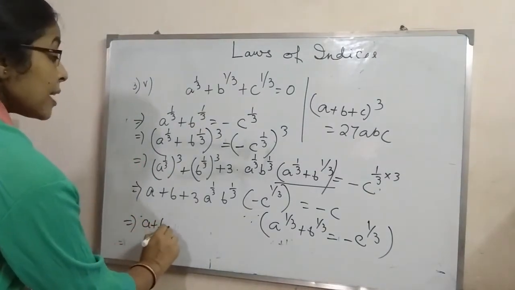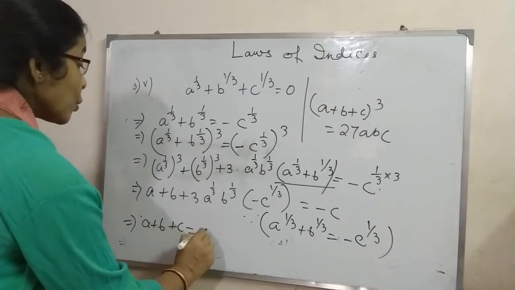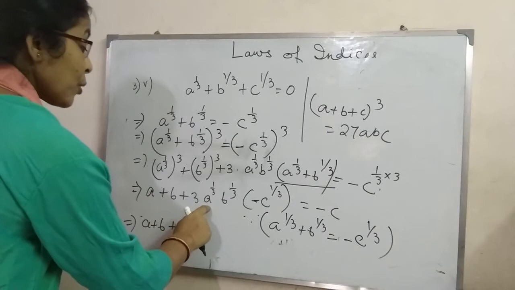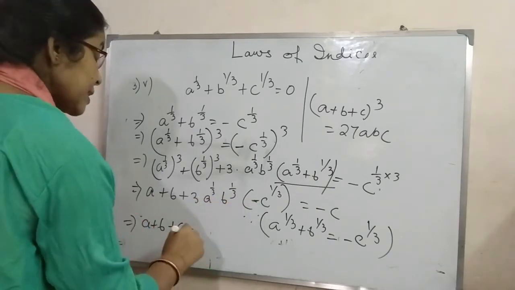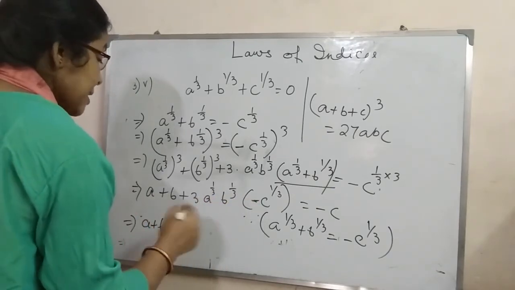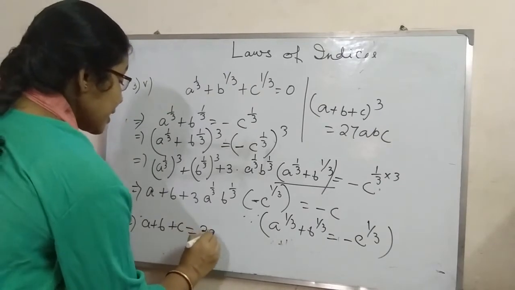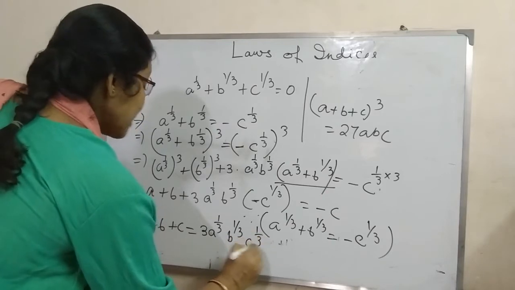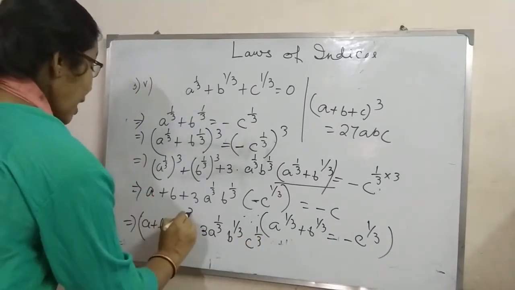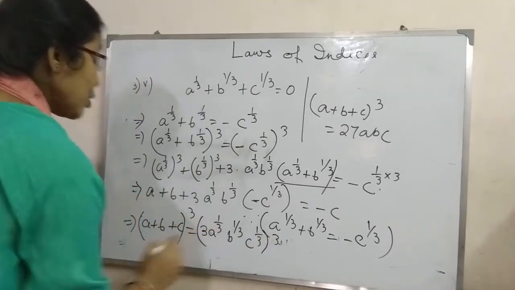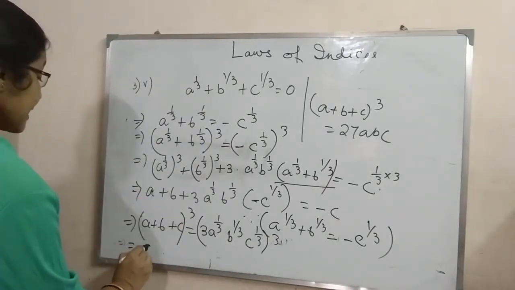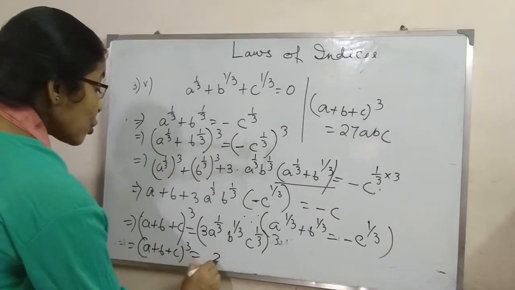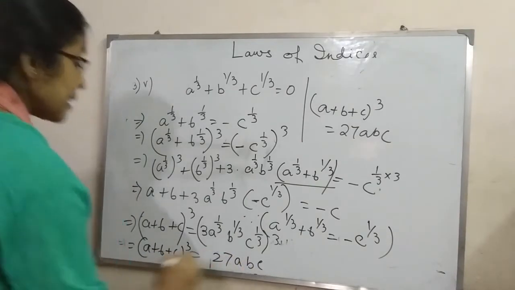That is a plus b plus c equals minus 3 a to the power 1/3 b to the power 1/3 c to the power 1/3. If I cube both sides, then I can write (a plus b plus c) whole cube equal to 27abc.